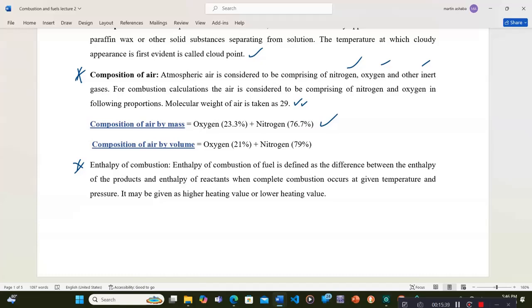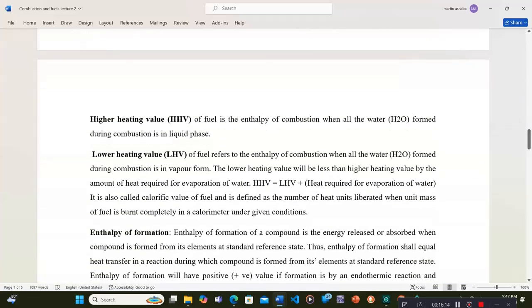It can also be the difference between the enthalpy of the products and the enthalpy of the reactants when complete combustion occurs at a given temperature and pressure. It may be given as a higher heating value or lower heating value. Let us see what these values mean.